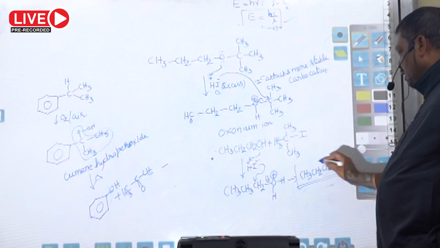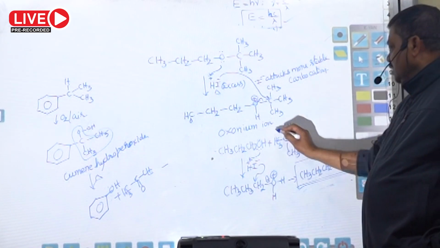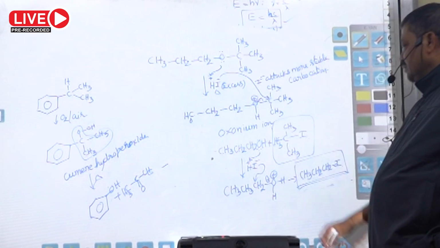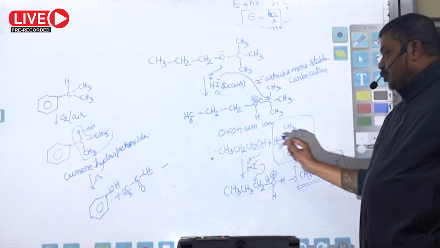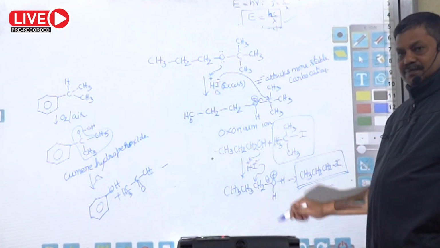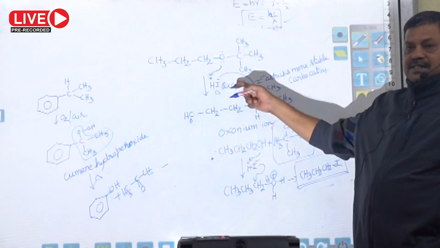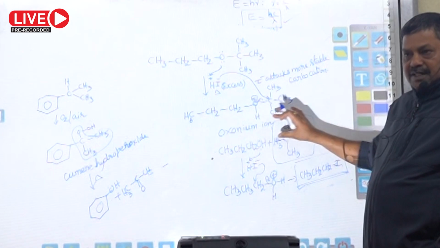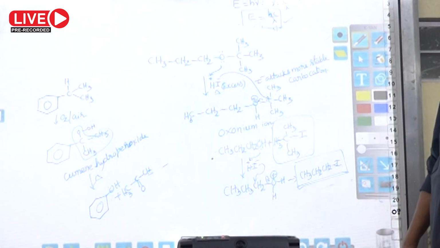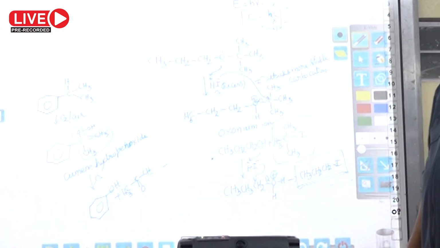So this is one product, this is another product. If excess is not mentioned, these are the two products. If excess is not there, the reaction stops here. One is alcohol, one is alkyl iodide. So you have to be very careful while going through the question. Reading the question is very important.